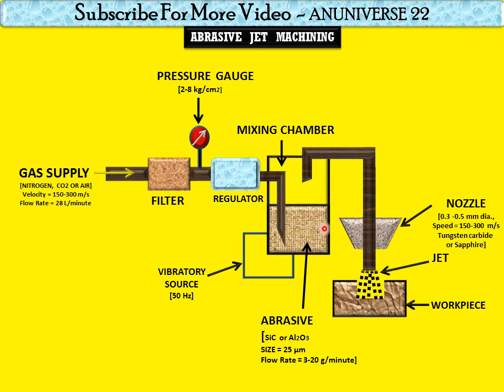As we can see here, the mixing chamber is vibrating, and these are the abrasive particles that hit the surface of the workpiece to get the desired shape, to get the desired hole and slot. And the material removal rate is mainly dependent on the flow rate and size of the abrasive. If we have a larger grain size, then it produces greater removal rates.